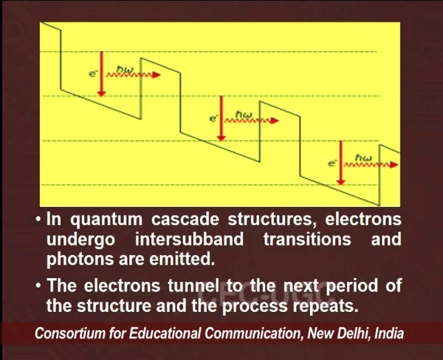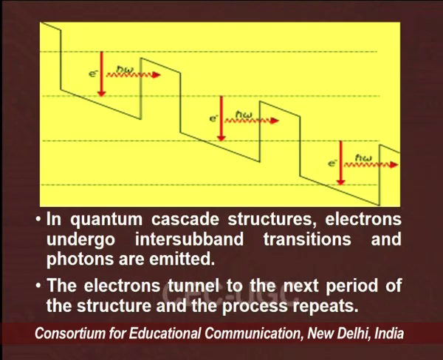Now, we can understand this by this diagram. You can see easily that there is a periodic potential well, and the electron comes out in the cascade manner, emitting h nu or h bar omega, either one.